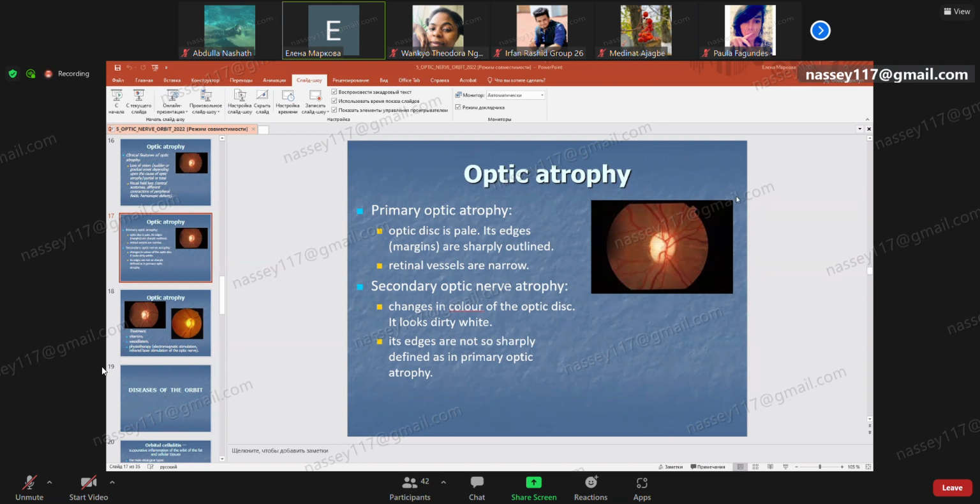They are central scotomas, different contractions of peripheral fields, and hemianopic defects. And ophthalmoscopic features are like this: pale, edge sharply outlined, and in secondary optic nerve atrophy, dirty white, and the edges are not so sharply defined as in primary optic atrophy.